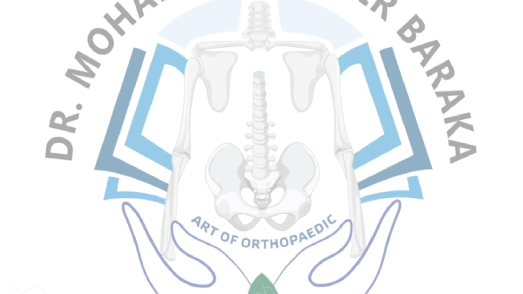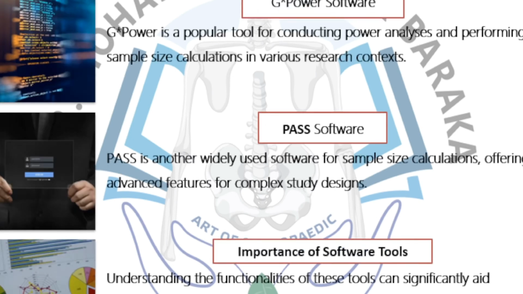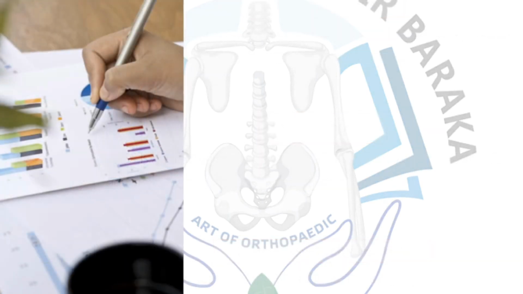But nowadays, we're not going to use the formula for calculating sample size. You have software used for sample size calculation. This is G*Power software and PASS software, and also you have OpenEpi. This is free software for calculation of sample size.